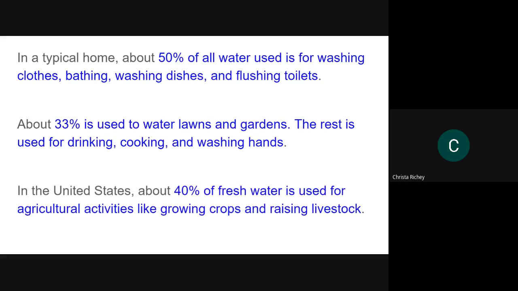For us, I'm speaking about the United States. I did not have the time to look up other countries. But your average house, this is not industry, this is just homes. About half of your water that you use is the washing machine, showers or baths if you bathe, dishwasher, and sanitation, flushing the toilet.